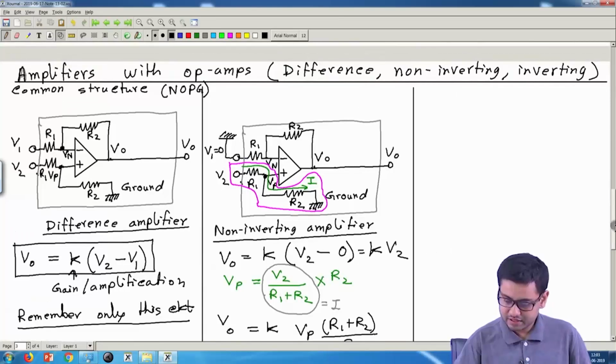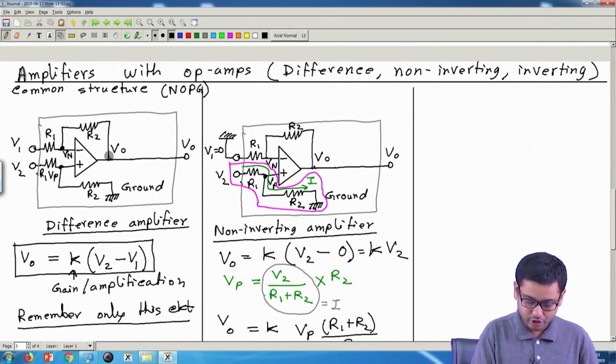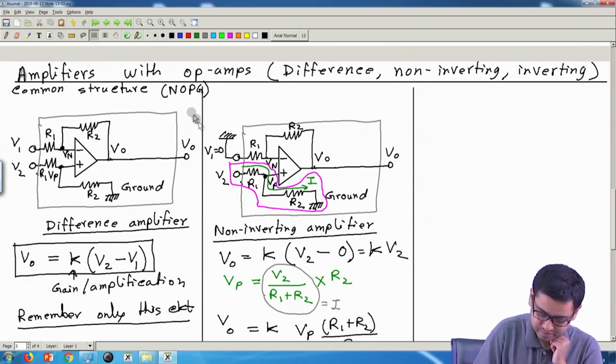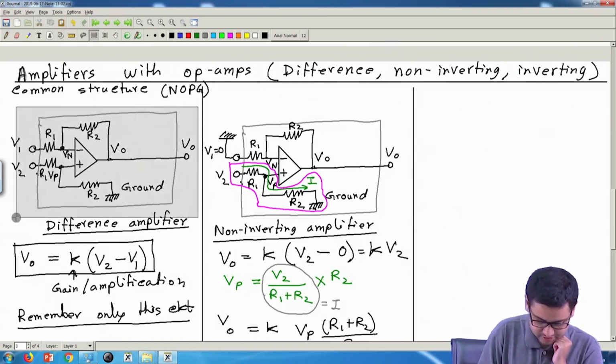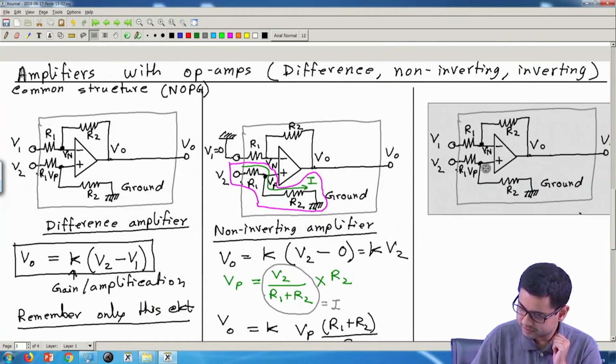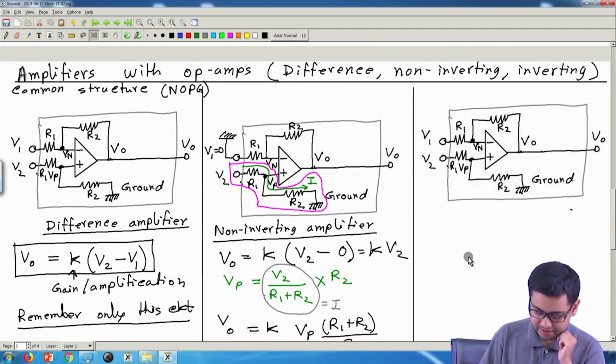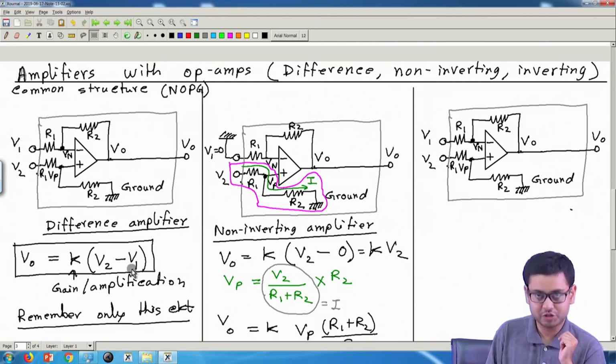Now let us see the inverting amplifier. Once again we will derive it from the difference amplifier. How? I will copy it first. So this is the difference amplifier, and here the output is k times V2 minus V1.